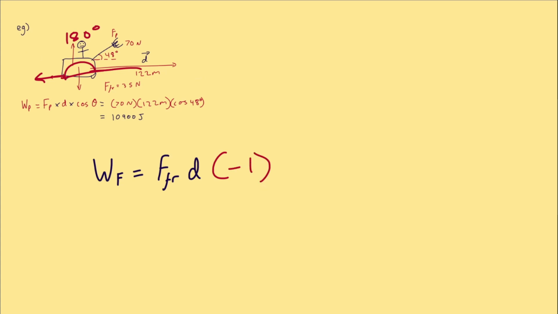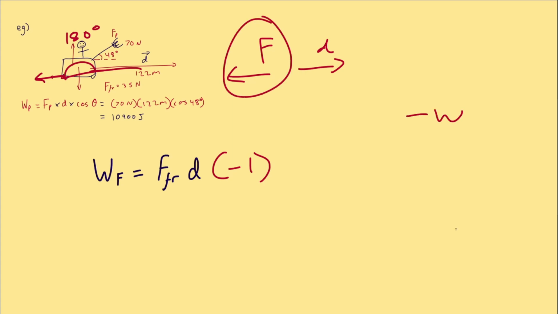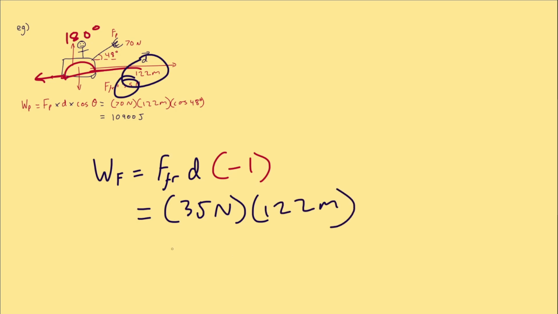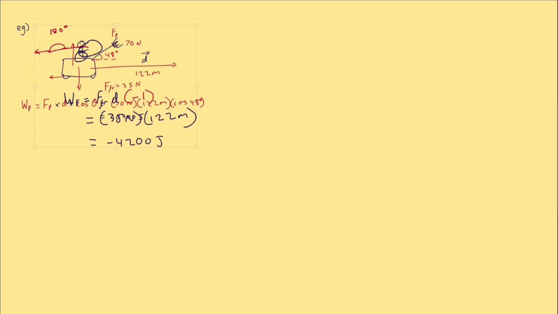So when you have a force acting in the opposite direction of the displacement, this force is doing negative work. It's doing work against motion. Let's plug in our values: the force of friction, 35 newtons, and displacement, 122 meters. This gives you -4,200 joules of work.